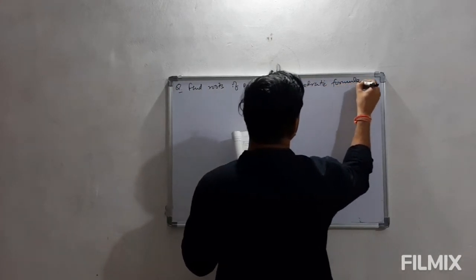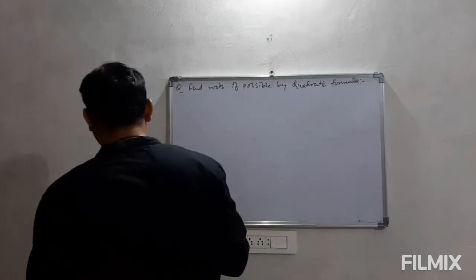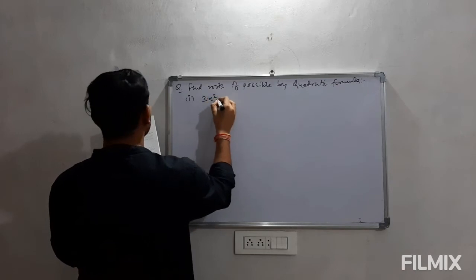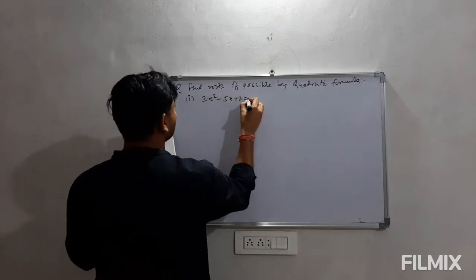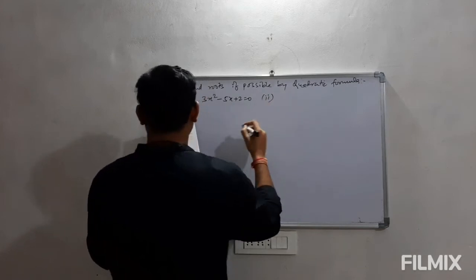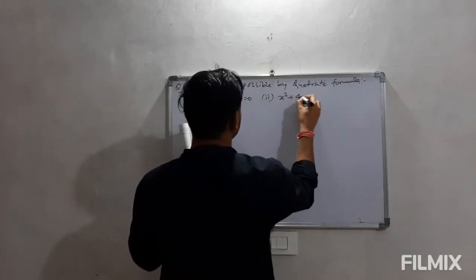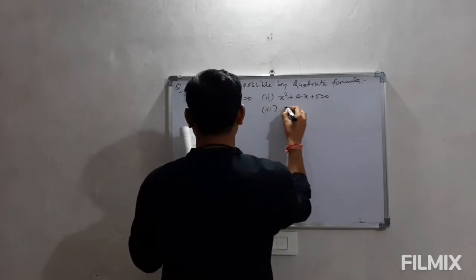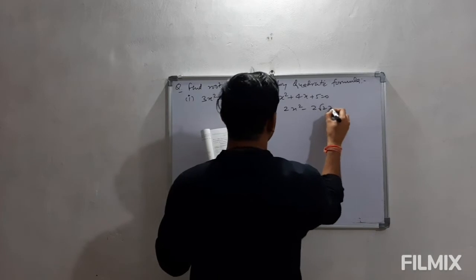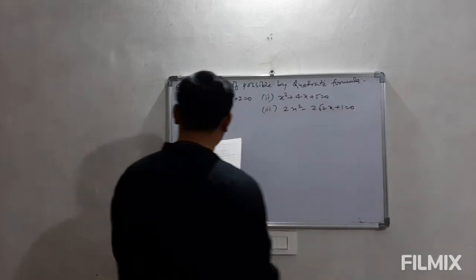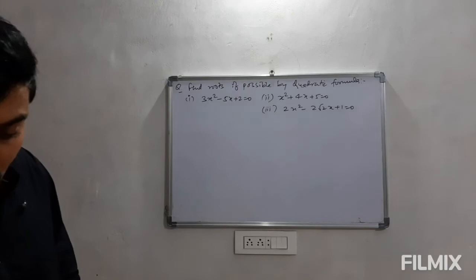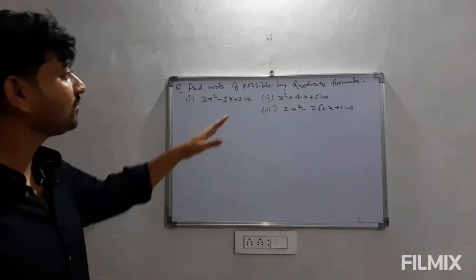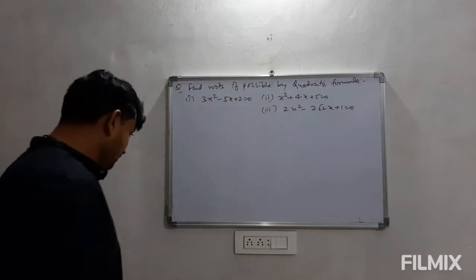If roots are possible, then we have to find them out by the quadratic formula. First, 3x square minus 5x plus 2 is equal to 0. Second, x square plus 4x plus 5 is equal to 0. And the third, that is 2x square minus 2 root 2 x plus 1 is equal to 0. So this is the question here. What we have to do is we have to find the roots, if possible, by quadratic formula.